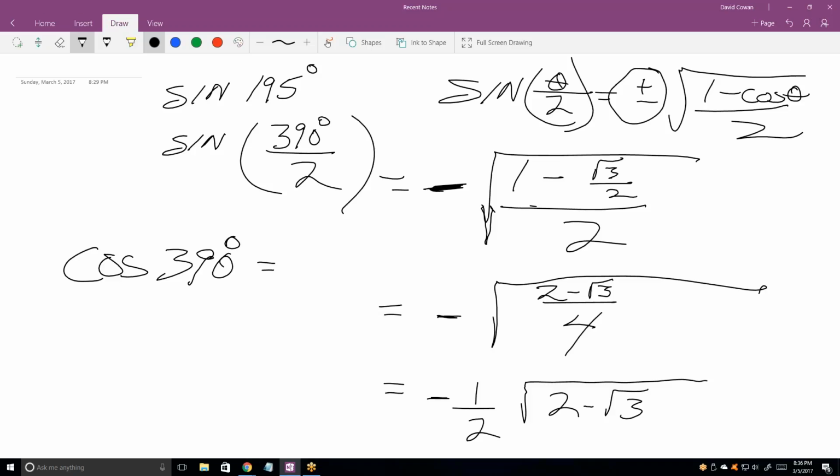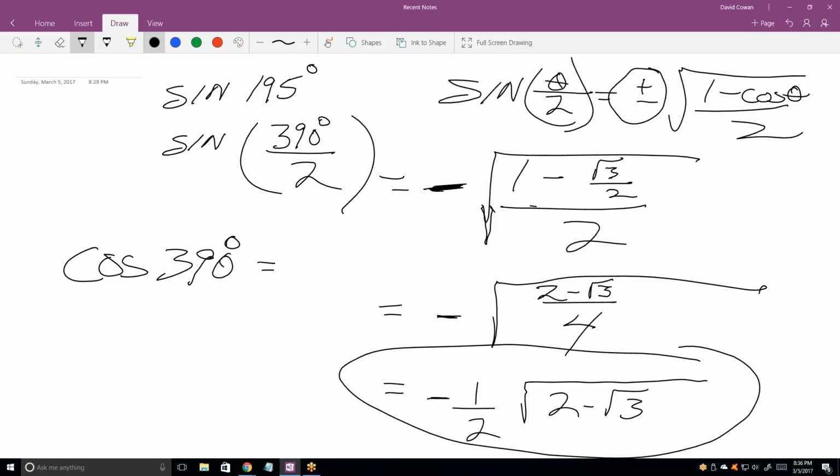Which is an interesting answer because you have a double radical sign, but that's also frequently the case whenever you use half angle or double angle, is you end up with 2 radicals in your answer, one inside the other. Right. But like I said, I'm not sure you have to go to this step here, but it is simplified a little bit. I would think that your teacher might insist you do that step.